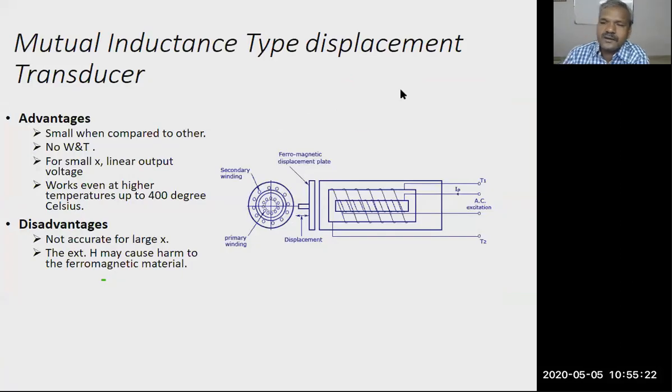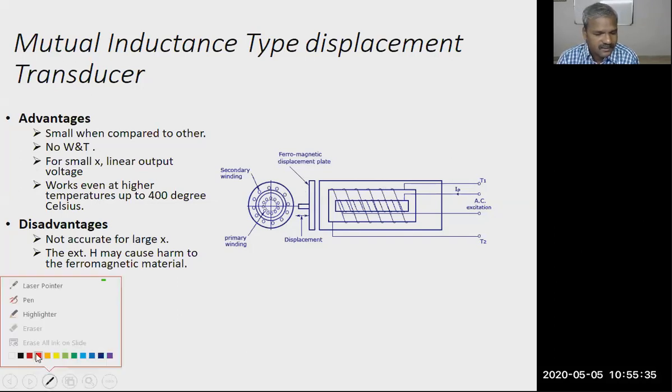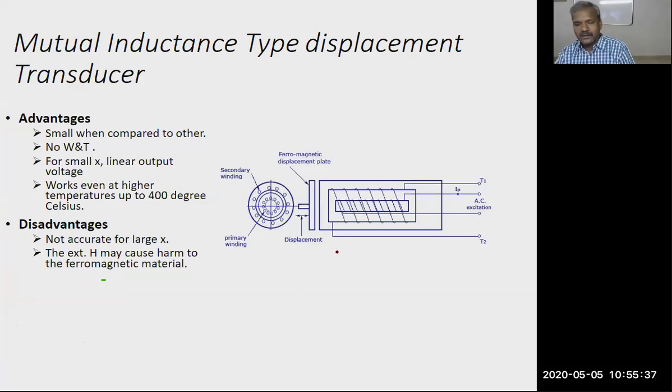Next is the mutual inductance transducer. This is a simple mutual inductance transducer. Here there are two coils, an inner primary and a secondary coil.